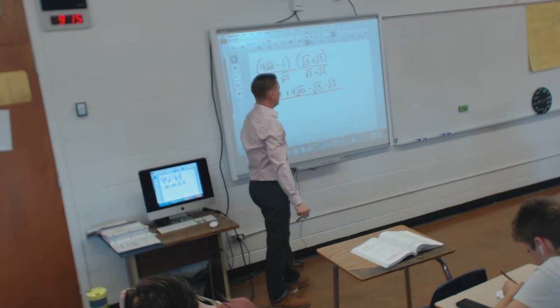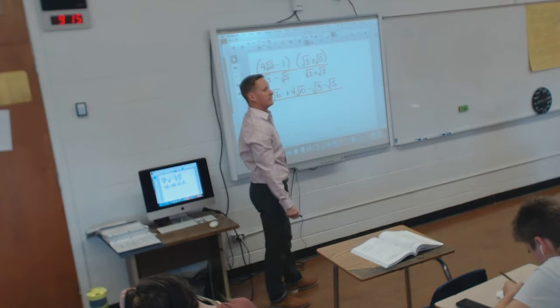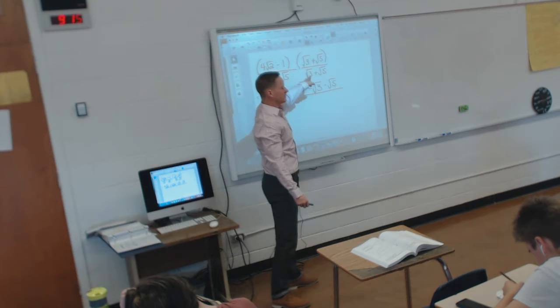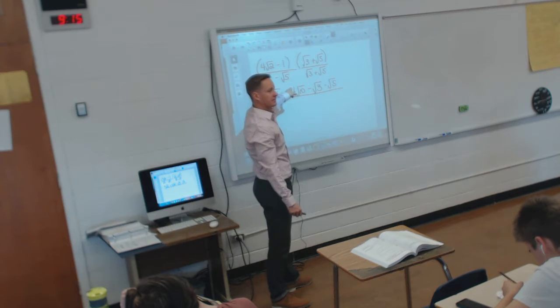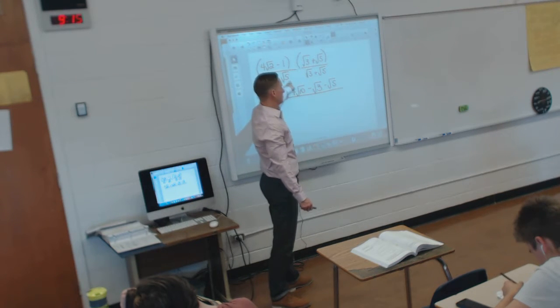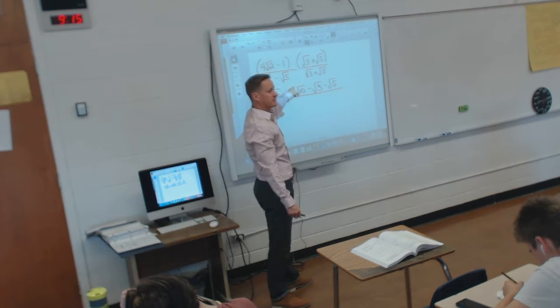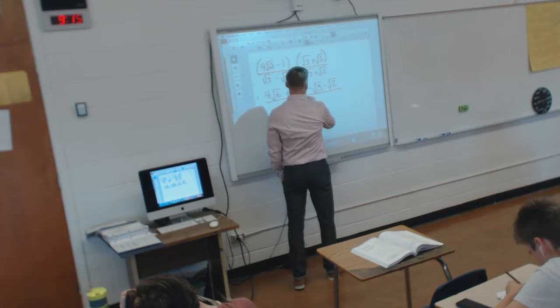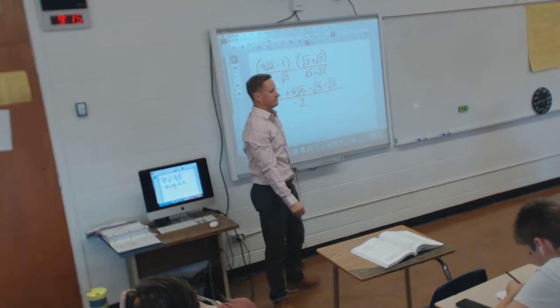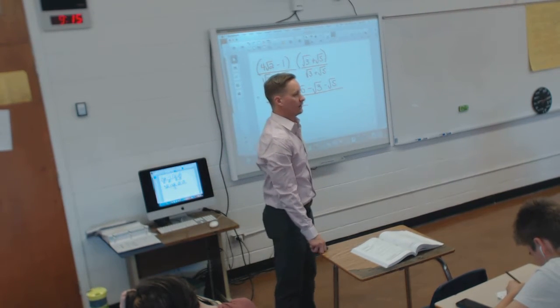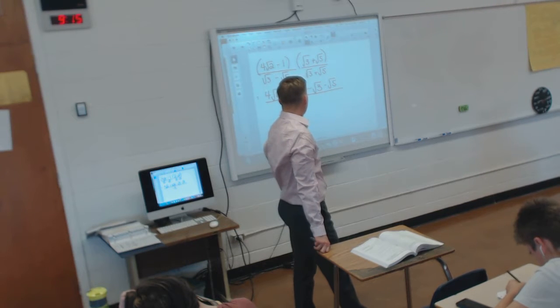All that is over root 3 times root 3, which is 3, and root 5 times root 5, which is 5. 3 subtract 5. There's your answer. It's as simplified as it gets right there.